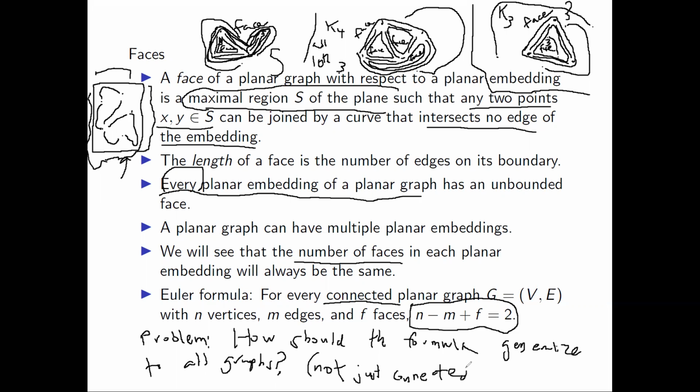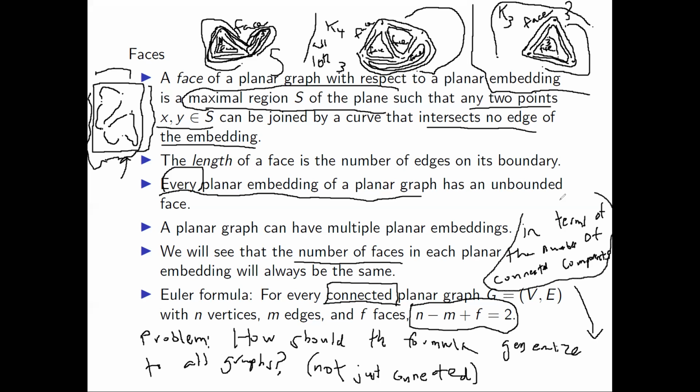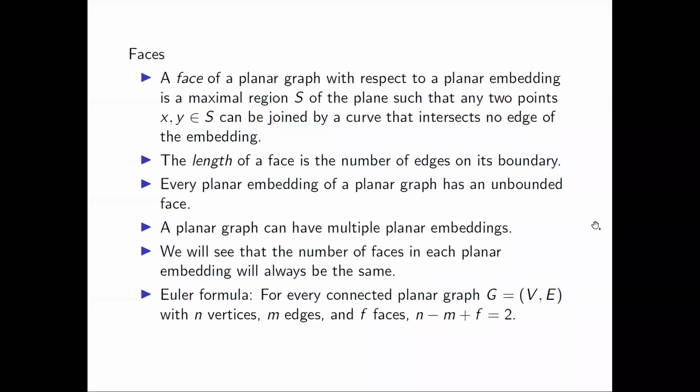And it would make sense to write your formula in terms of the number of connected components in your graph. So we're going to prove Euler's formula for connected planar graphs. And I'll leave it to you to determine how we should change the formula in terms of the number of connected components for any graph, even if it's disconnected. So let's see the proof of this for connected graphs on the next slide.